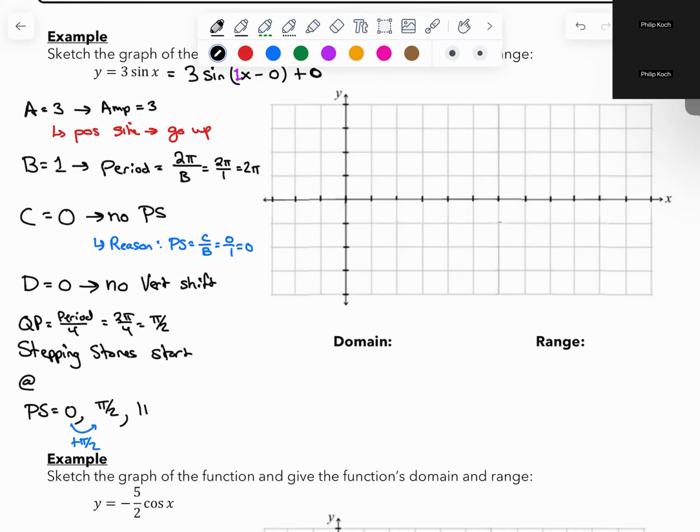Then 2 pi over 2, then 3 pi over 2. That's 1, 2, 3, and then 4, and that's where we'll stop, at 4 pi over 2, which is 2 pi.